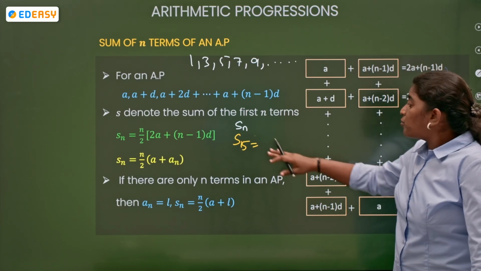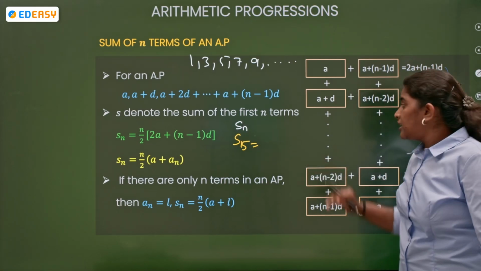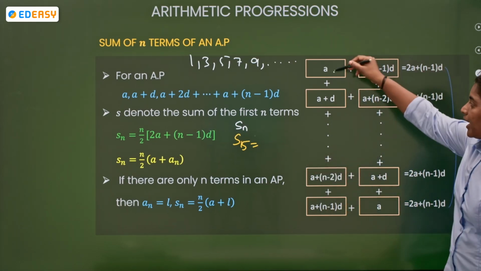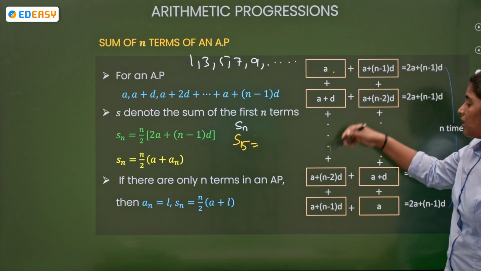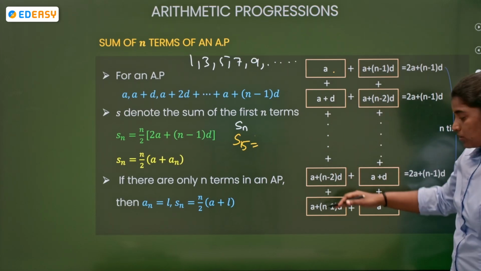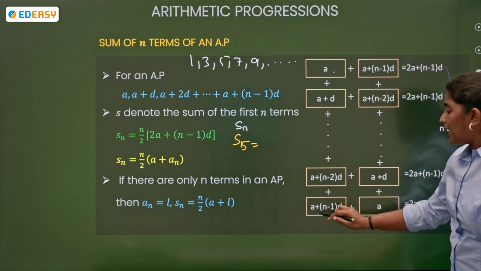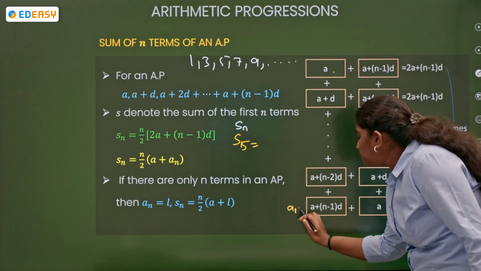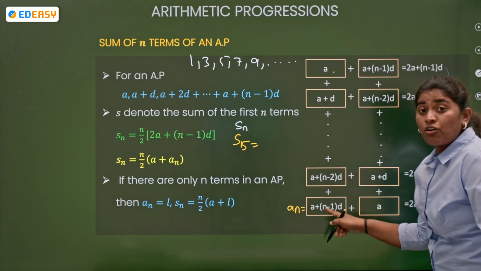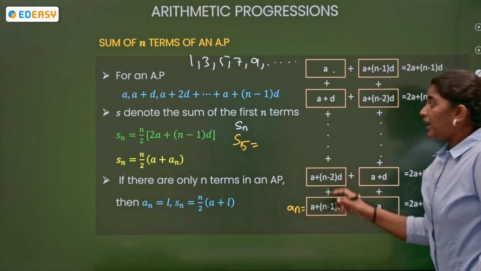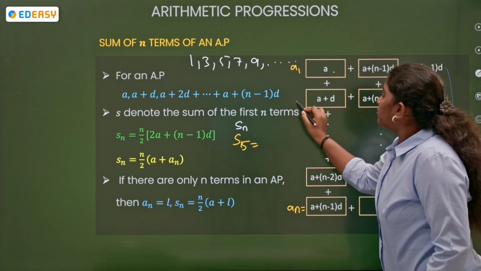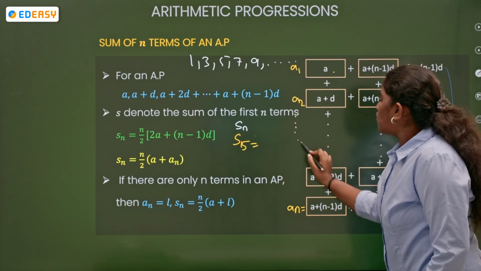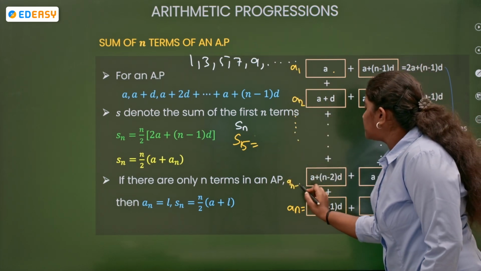Clear? Now how to find the formula for this? Look here: a plus d, a plus 2d, a plus 3d and so on. The last is the an term, which is given by a plus of n minus 1 into d. This is my first term a1, a2 and so on, and this is my an minus 1.